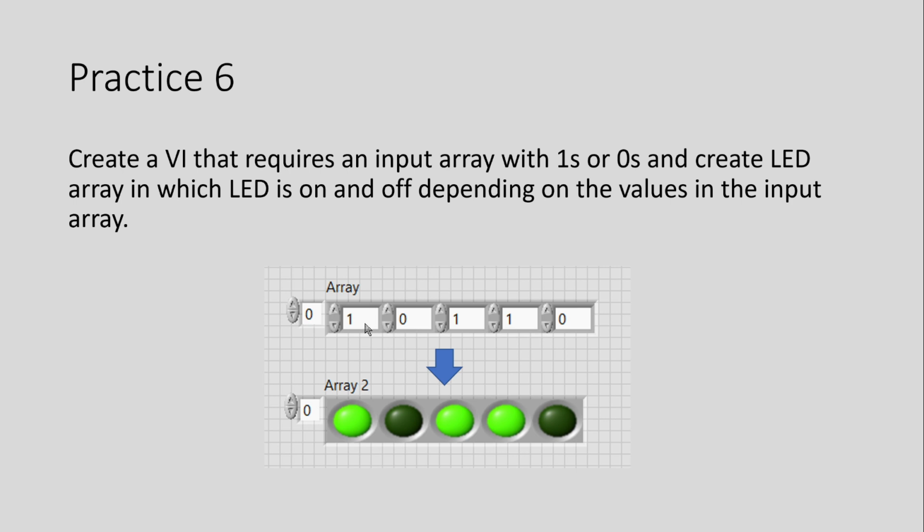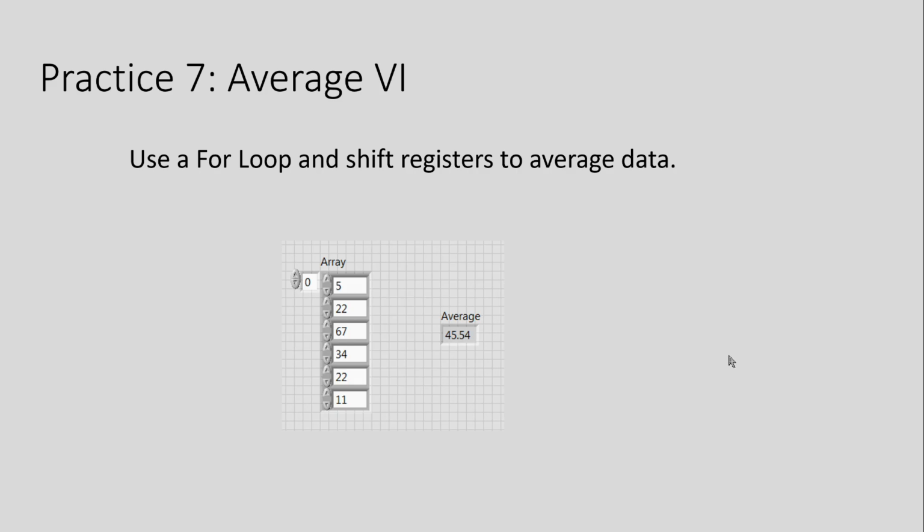Then correspondingly, this creates the array of LED lights and turns them on or off depending on this input value. In this one, I just explained how you create this using this slide.